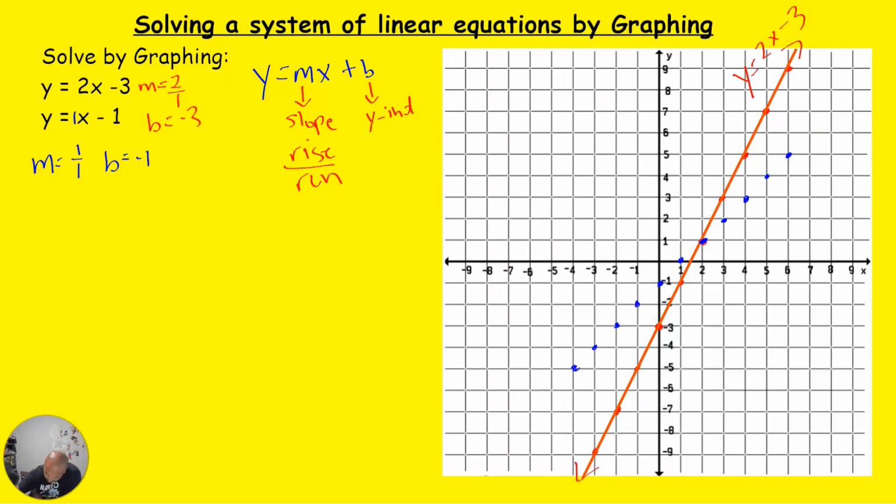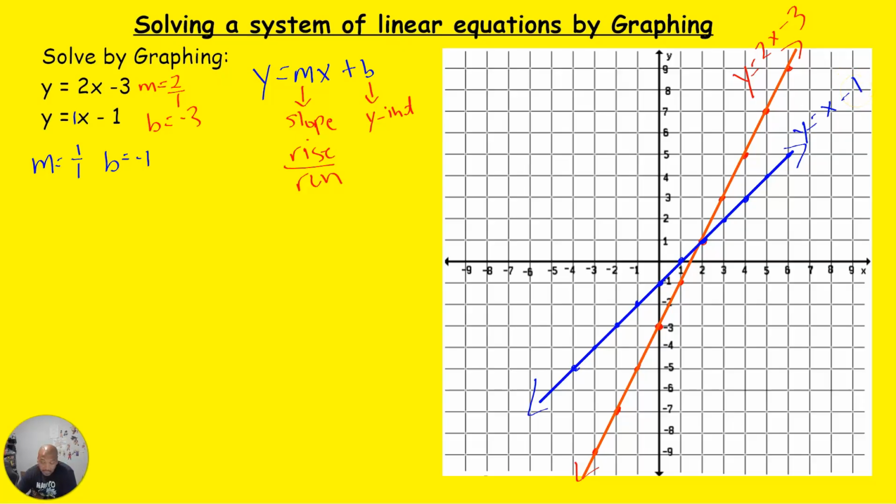Let me straighten out that line a little bit more. There we go, and that's what our line will look like. And don't forget to label your line: it's y equals x minus 1. So there are our two lines.